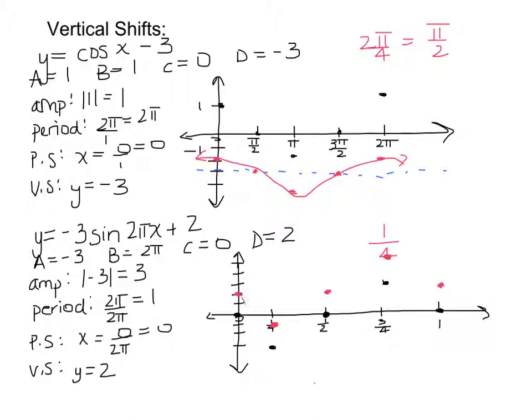So it'll look like that. Okay, so that's what happens when you have a vertical shift. And since it's y equals 2, you're going to notice y equals 2 is your midline, where your wave is still 3 units on each of those waves.